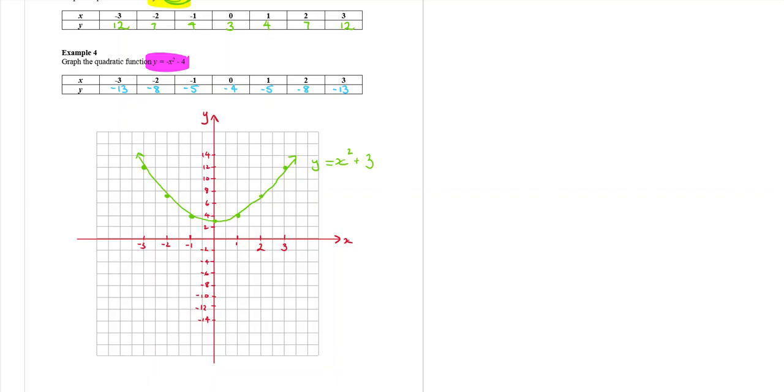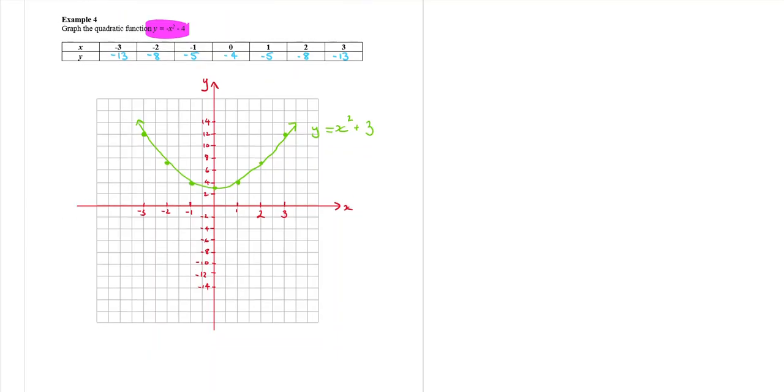Okay, now let's switch and draw the second table. So at -3, it was -13. Then -2 is -8. -1 was -5. 0 was -4. Then 1 was -5. 2 is -8. 3, -13.